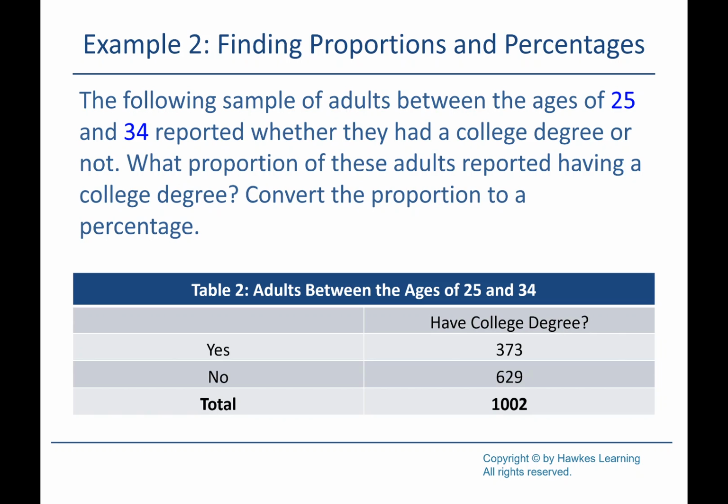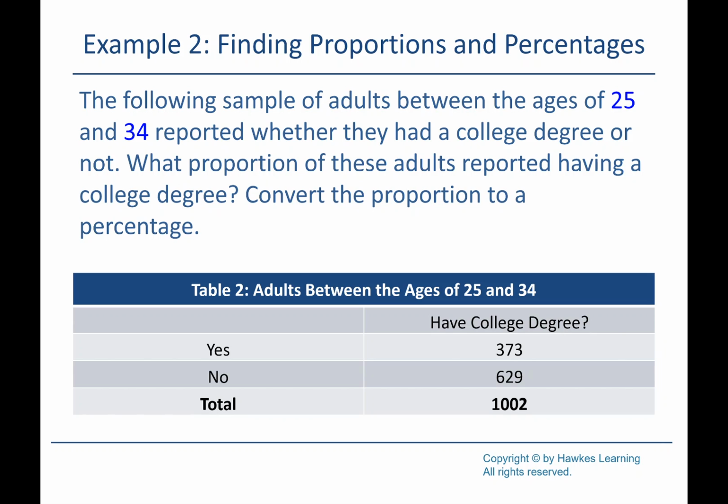Look at another problem here. All right, this one said the following sample of adults between the ages of 25 and 34 reported whether they had a college degree or not. What proportion of these adults reported having a college degree? And then we want to change our proportion to a percentage. So to get the proportion, we're counting the ones that had a college degree.